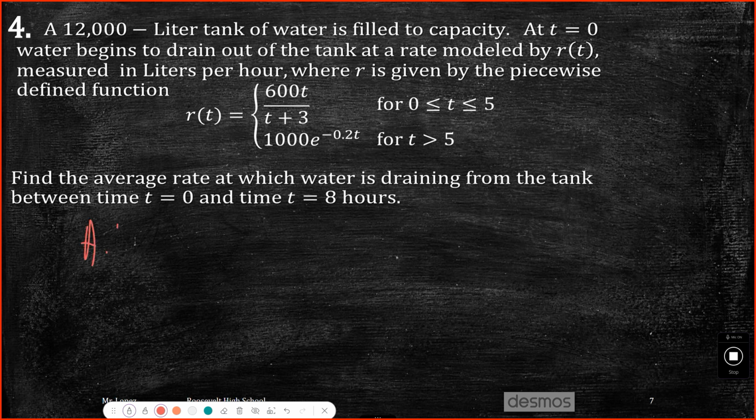Average rate equal. We're not going to do it because we need a calculator, I think. Maybe not. But I'm just going to give you the average rate. Average value is average rate. I'm using average rate as average value. It's the same thing. And because this is a piecewise function, we're going to have to go first from 0 to 5.